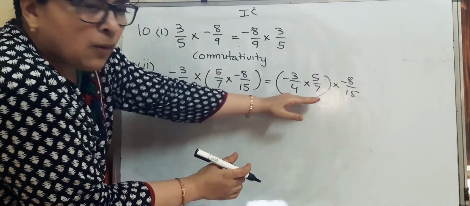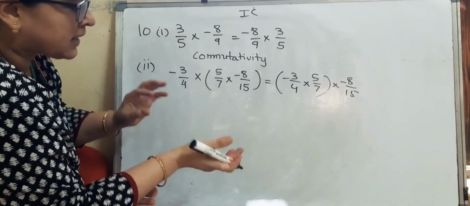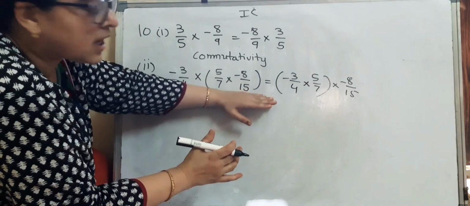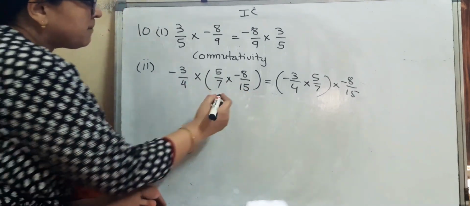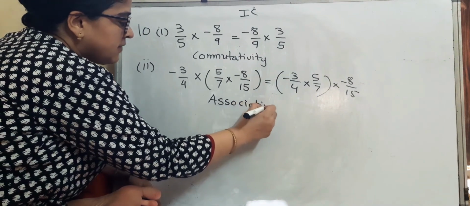When there are three numbers arranged in brackets in different order, then this is associativity.